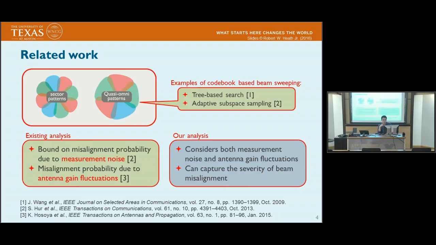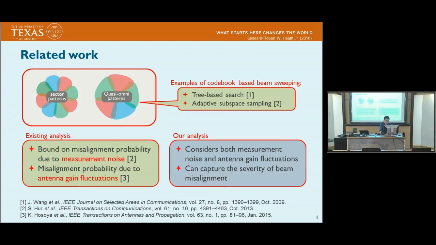There is a number of related works in this area, and there are a lot I could not include here, so I include just a few main ones. There are a number of proposals of different beam alignment methods based on beam sweeping, and I show two approaches here.